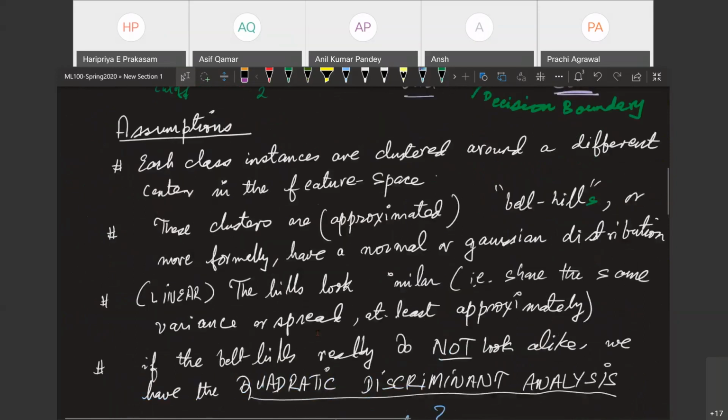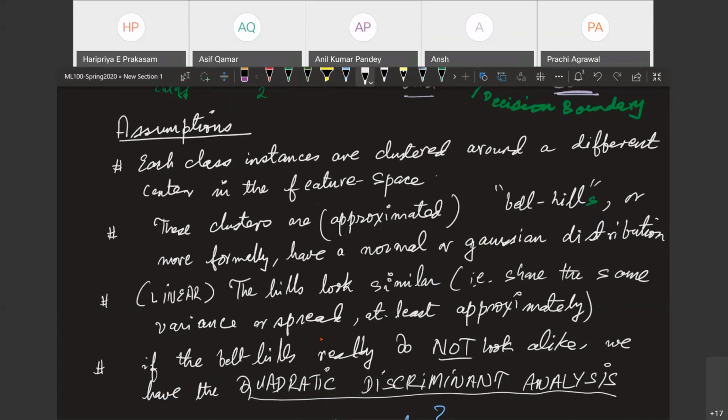The second assumption is they are more or less like bell hills. For linear discriminant analysis, the underlying assumption was that all the bell hills look similar. The shape of the variance, they share the same variance or spread, at least approximately. So it's just bell hills located at different places in the feature space.